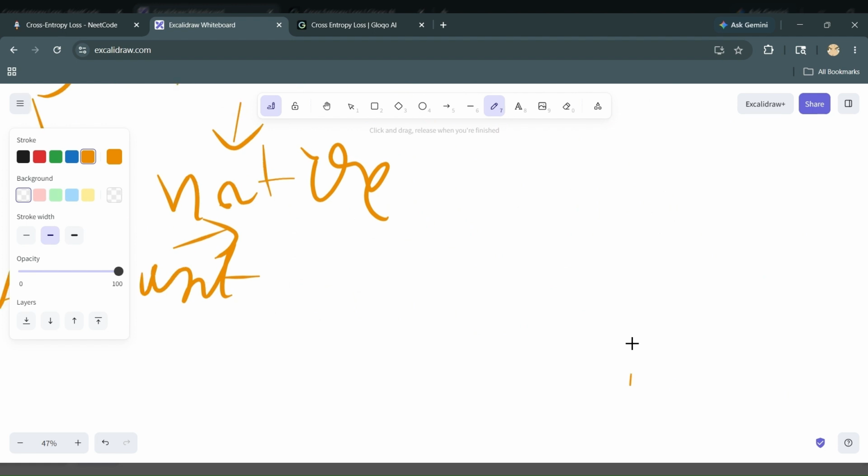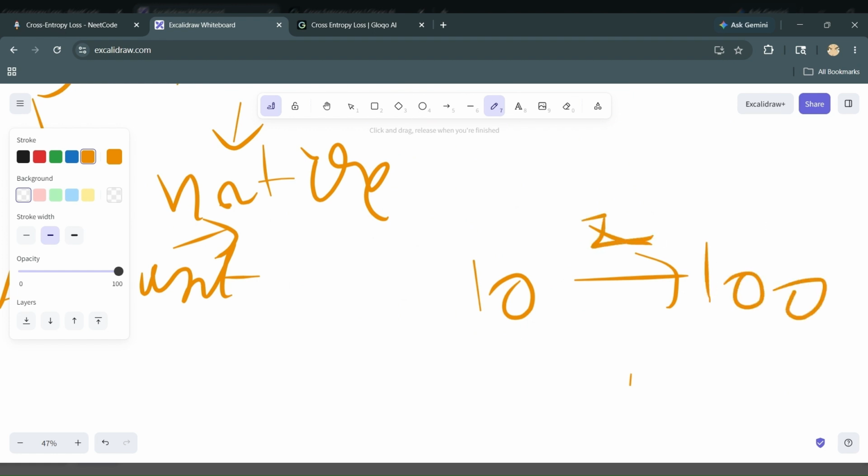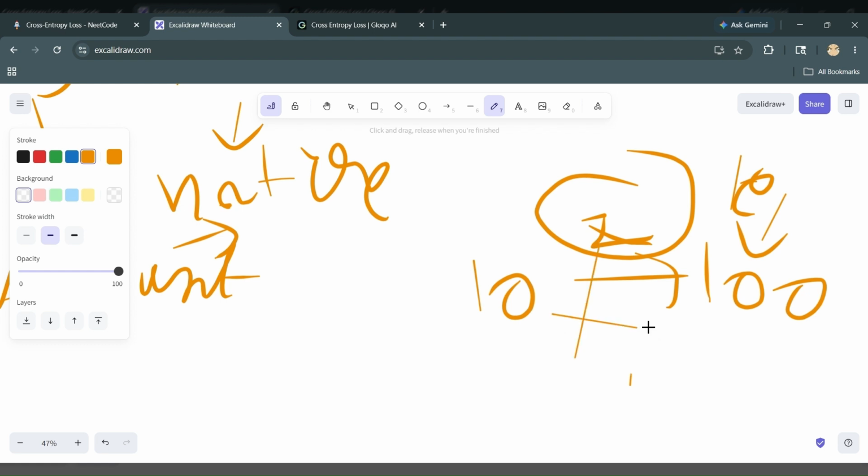So in simple terms, if you take 10 rupees loan for 2 years, and let's say you ended up with 100 rupees at the end, this will be the e. And if you want to know how many years it took to end up with 100, that will be log.